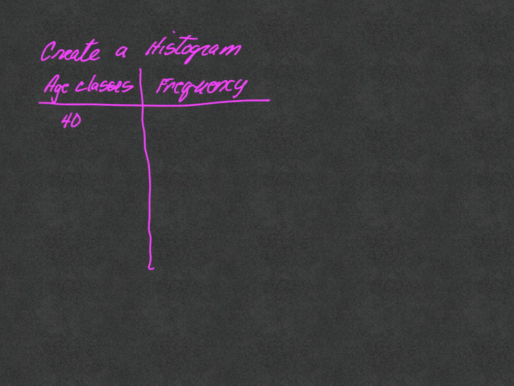So yesterday we completed a frequency distribution for the ages of presidents. And I'm going to work through creating this frequency distribution again, just so we can remember how we did it. So the age classes, we were supposed to start at 40 for the ages of presidents and have a class width of 5. That means the lower limit of each group is 5 more than the previous one.